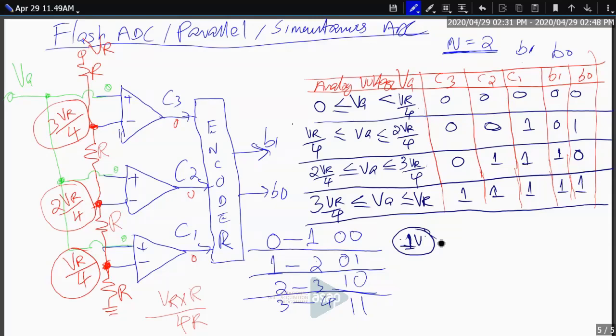So this is what is going to happen. This was the same thing we explained. Anything from 0 to 1 will be represented as 0, 0, and this was our requirement.